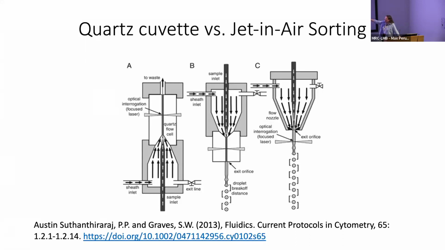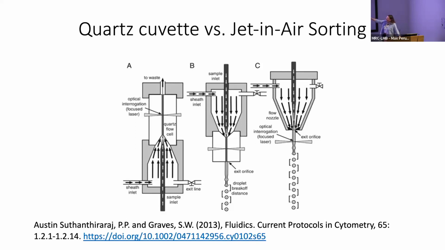This is known as a quartz cuvette-based system, and C is known as a jet in air, where instead of having the nozzle below the interrogation point, the exit orifice or the nozzle is above the interrogation point. So this creates an advantage in speed mostly because you have lower electronic dead time.